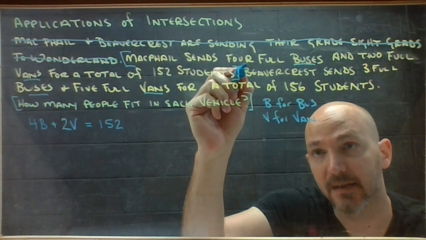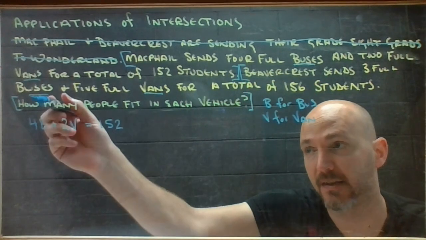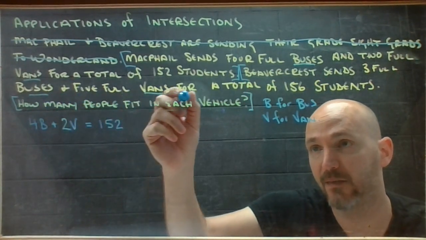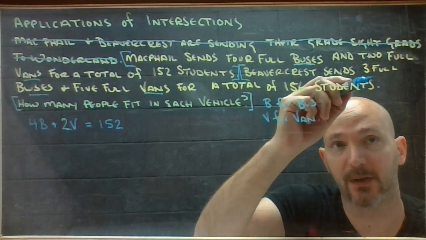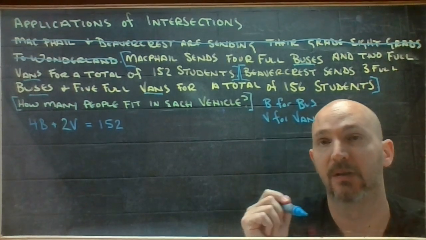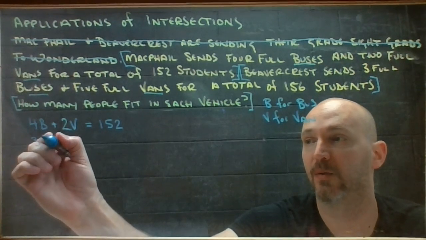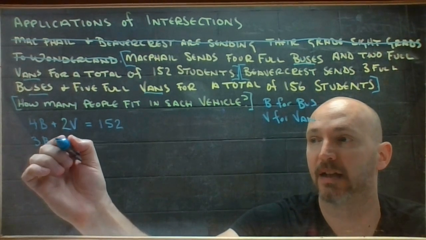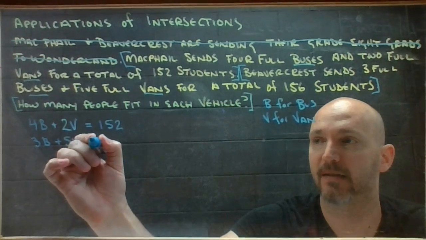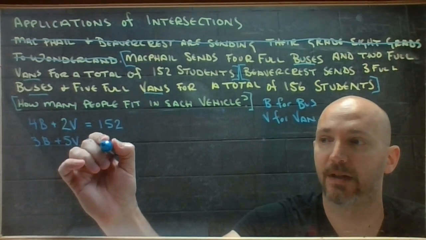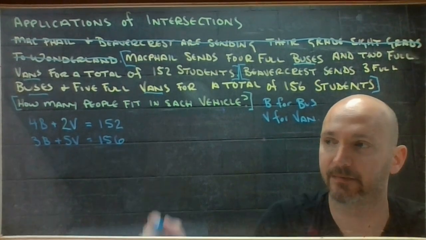So this sentence here, Beavercrest sends 3 full buses and 5 full vans for a total of 156 students. Well, that would be 3 full buses and 5 full vans for a total of 156 kids.